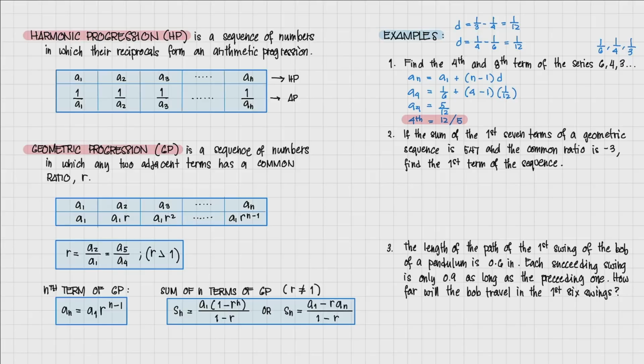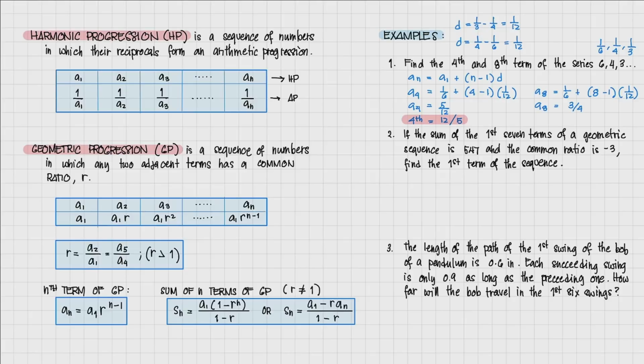Now for the second part, which is the 8th term, you have a sub 8 equals the first term again, 1 over 6, plus 8 minus 1 times 1 over 12. And then solving for the 8th term, it's 3 over 4.